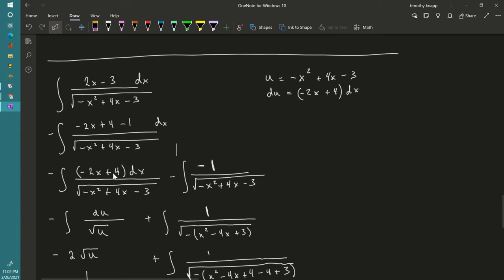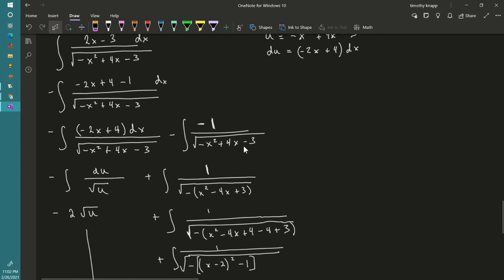That's just du, and the square root of u, which is this thing, okay? Look at that. And now that one's going to be really simple. Over here, my negative sign factors back in, giving me a positive.